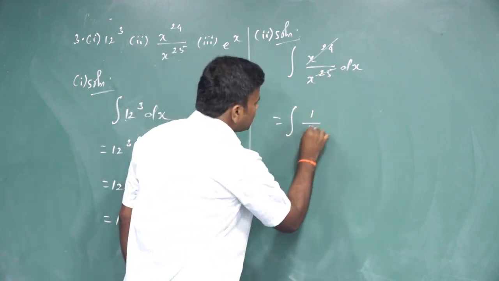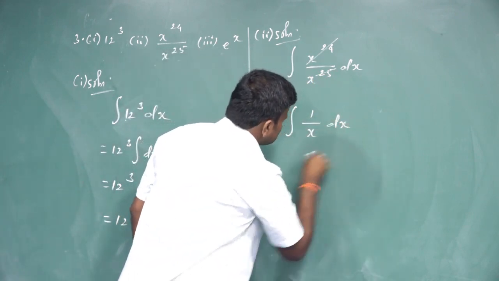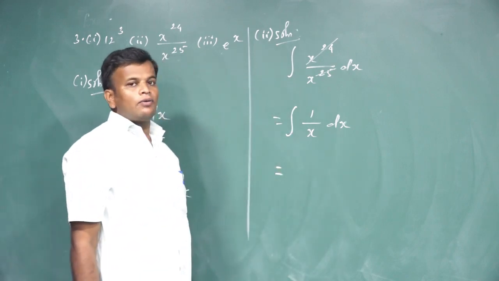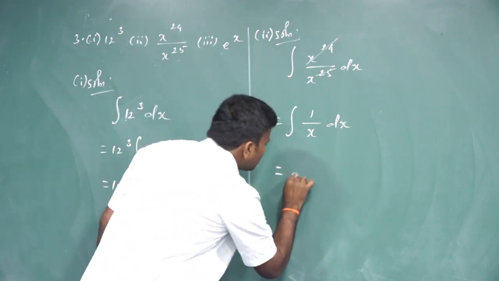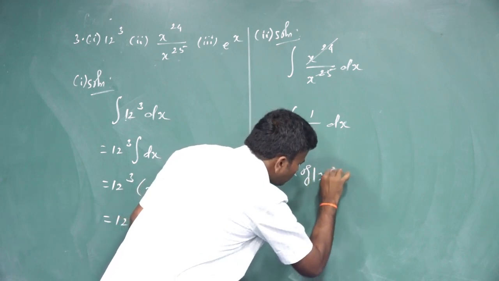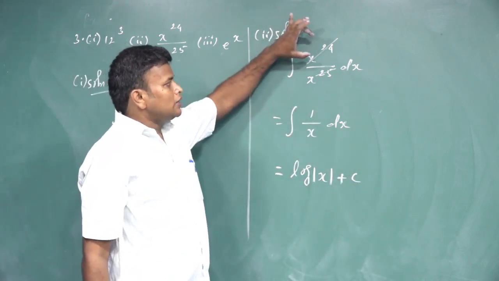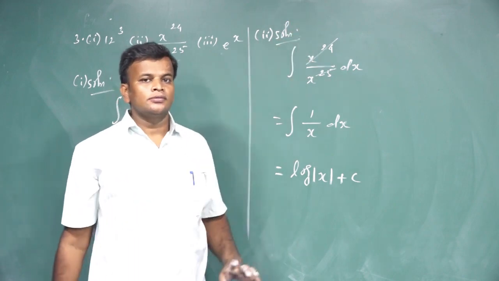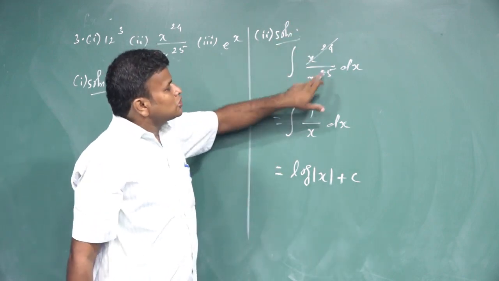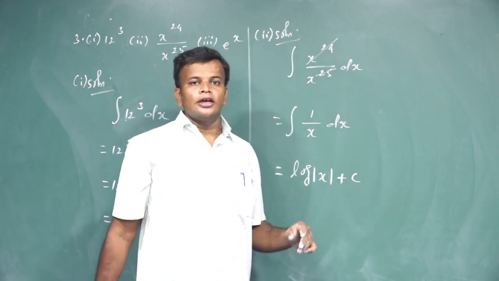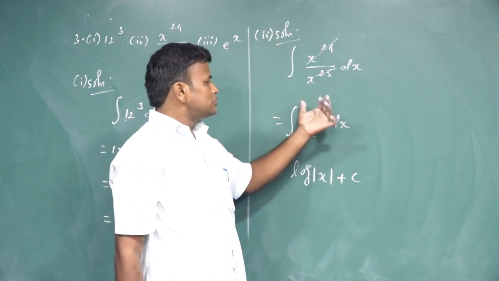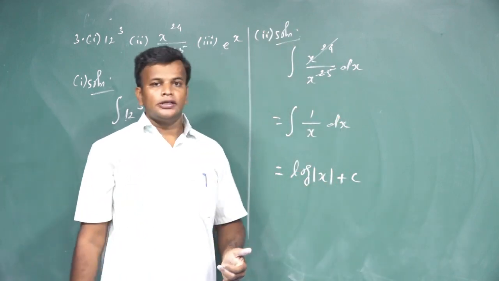So 1 by x into dx. The integrating of 1 by x is log of modulus x plus c. So this simplification idea should come by yourself. Or suppose I move this term to the numerator, it is x power minus 1; then x inverse is there, and we write x inverse as 1 by x.